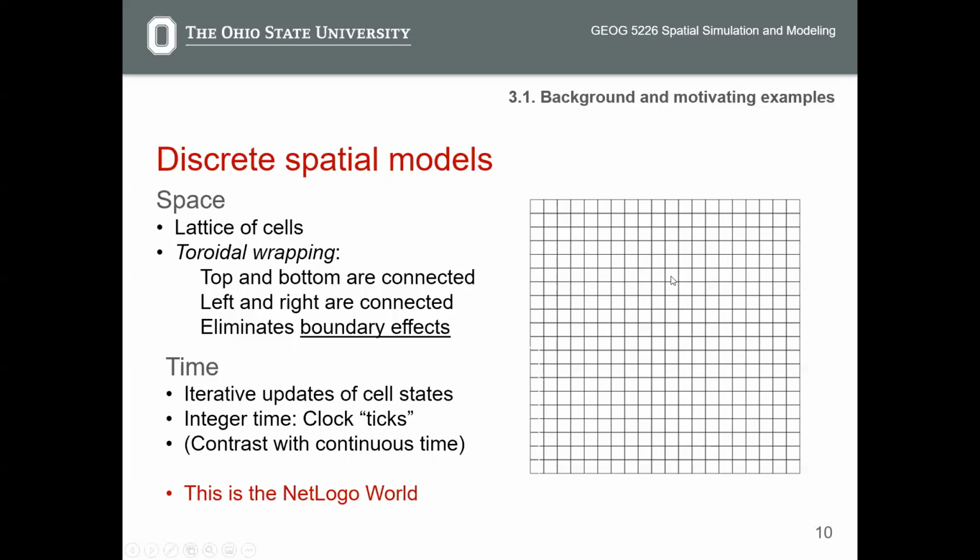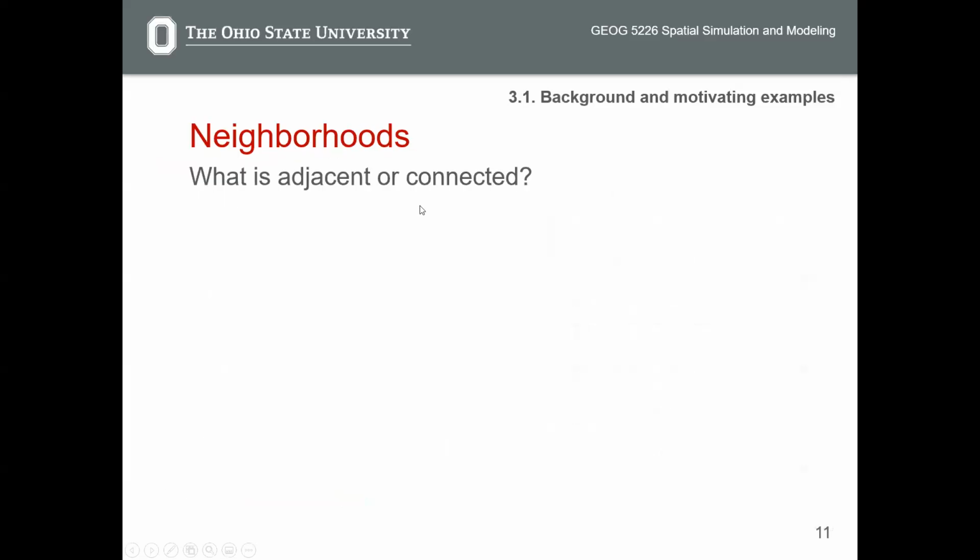It means that the state of the cell does not change after the next tick. But that's a tick. Time has gone. One tick has gone. So how do we address time and space using NetLogo, using simulation models? We simply use this lattice of cells.